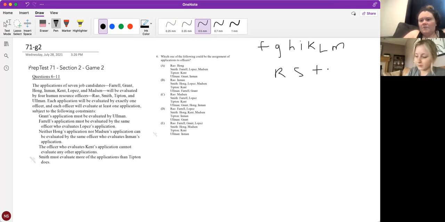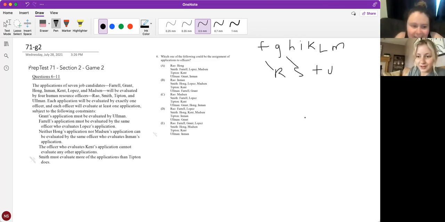Do you think it's going to be easier to diagram this by putting them under their letter, or putting the letters under who's doing it? What do you think we should make our whole, the thing we are then trying to put stuff into?